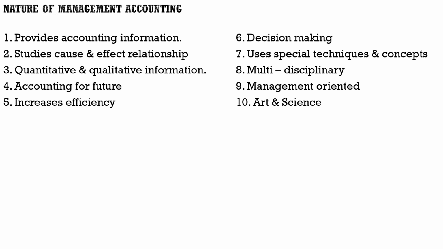For example, let it be ratio analysis. After computation, you will be asked to make an interpretation on the basis of your analysis. So that is the part where art and science come in. Science means application of various tools and techniques. Art means the proper analysis and interpretation of your results. So management accounting is art as well as science.